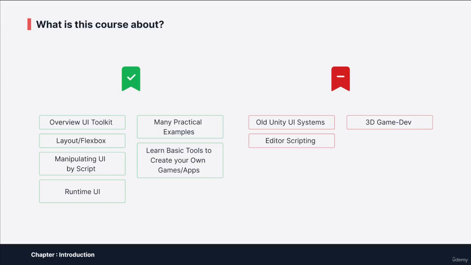Except for the final game, where there is a little bit more code going on, but this is still a pure UI game in the end. So there will be some back-end logic, some game logic, but everything that you see on the screen will be pure UI. So we are focusing on UI, and by that on 2D game development.